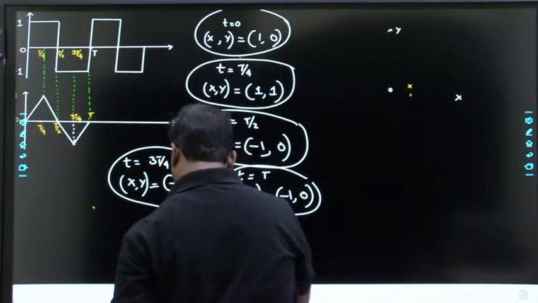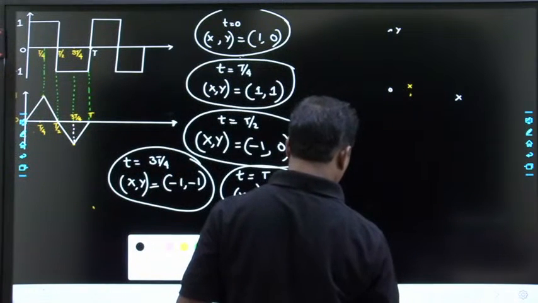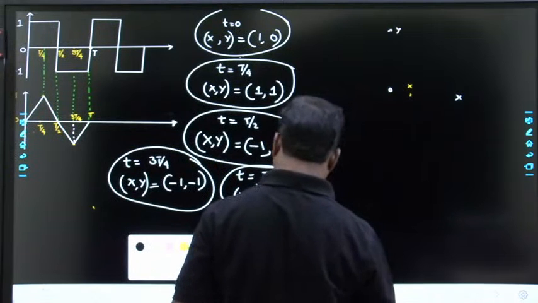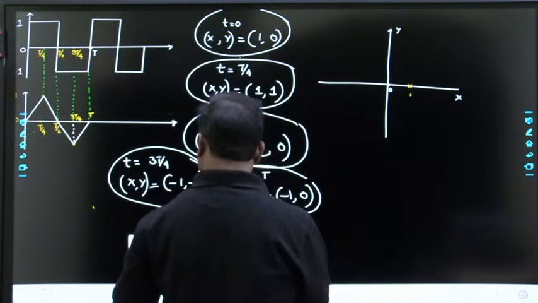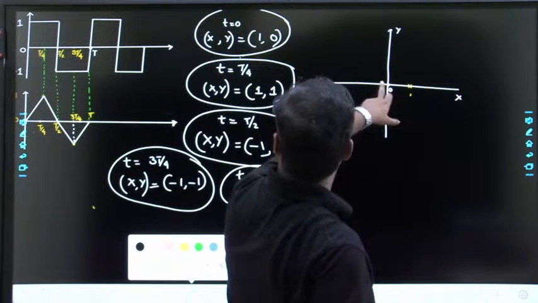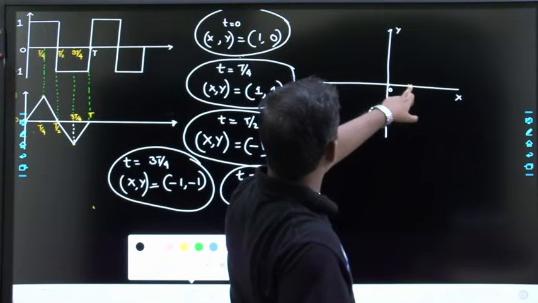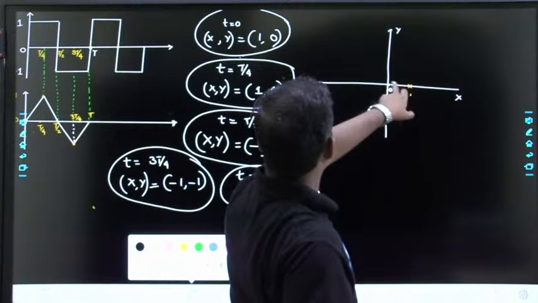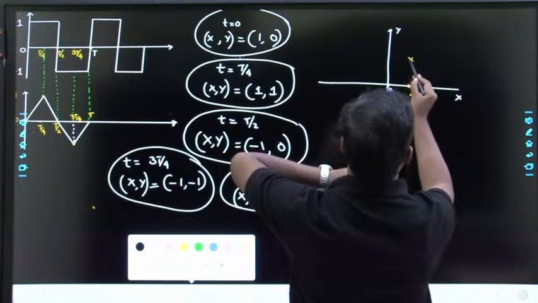Don't get confused. Listen. At t is equal to 0, x is 1, y is 0. At t is equal to T by 4, these are 1, 1.